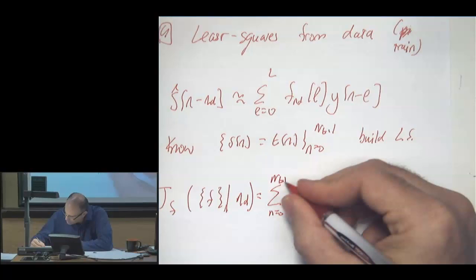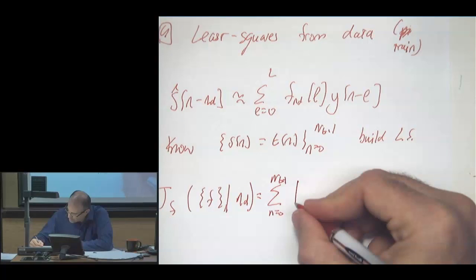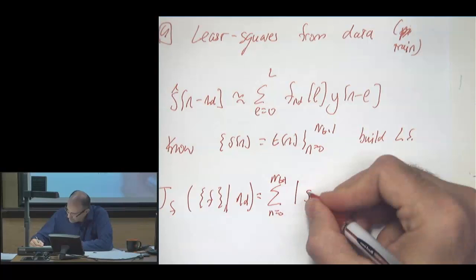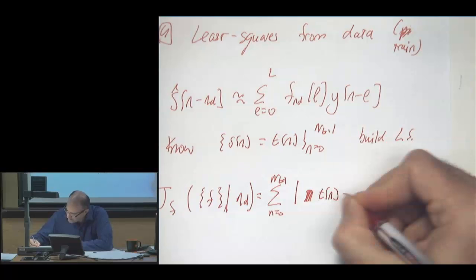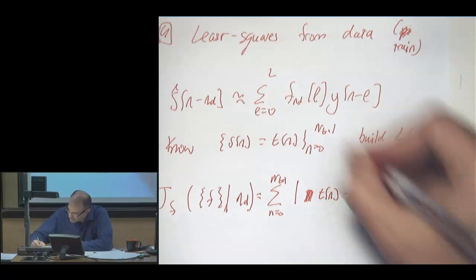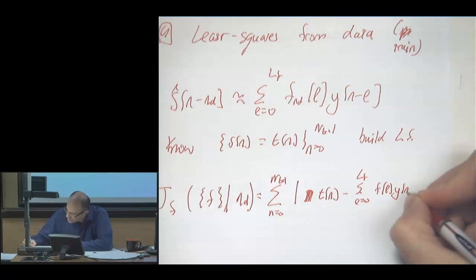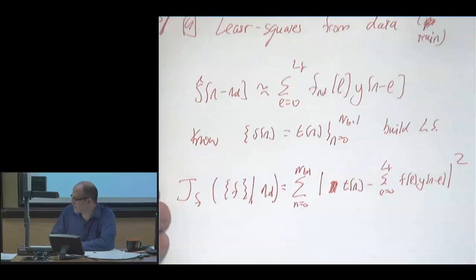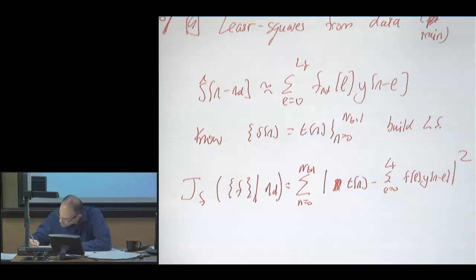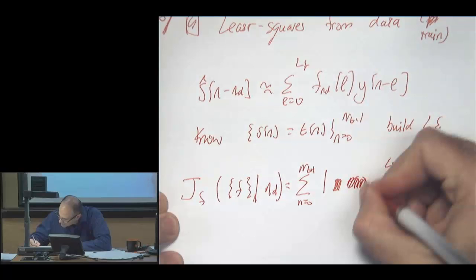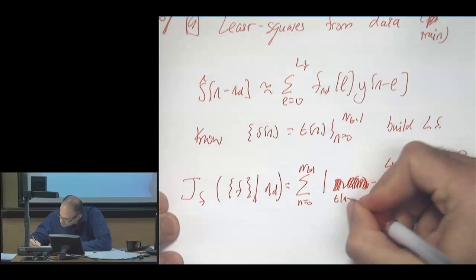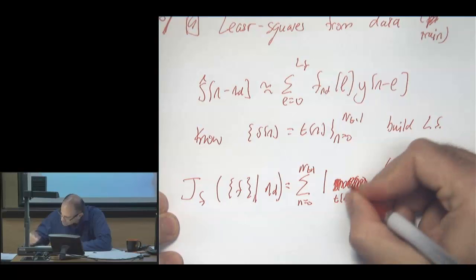That is a minus 1 somewhere, yes. Absolute value of t of n minus the sum from L equals 0 to LF of f of L, y of n minus L, absolute value squared. So this is like our squared error function, and then, oops, sorry, I forgot the nd here.